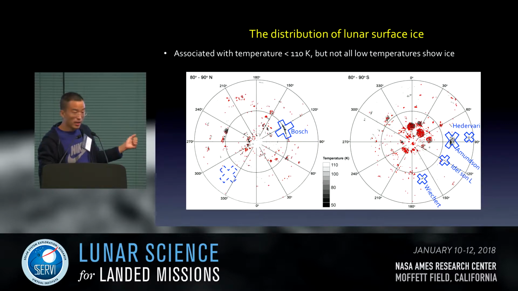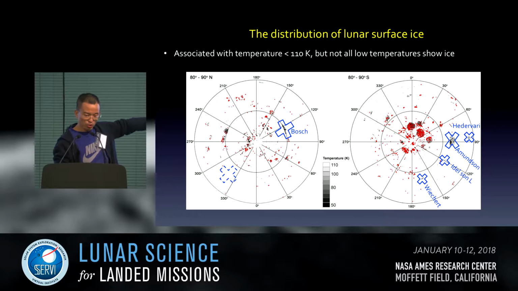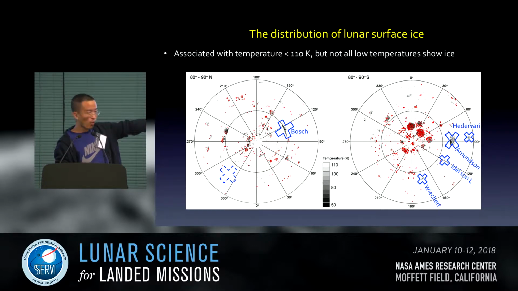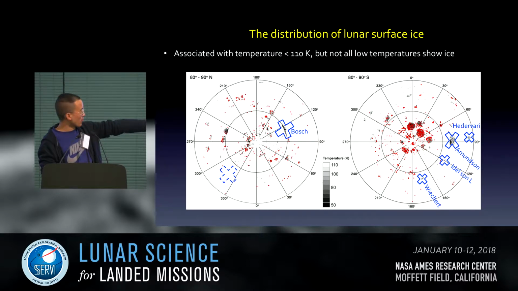On the North Pole, we see the Bosch crater, and also in the corner, a lot of micro cold traps, where we don't see ice exposures. And on the South Pole, in a lot of cases, craters are very obvious, for example the Amundsen crater, and the rest too.